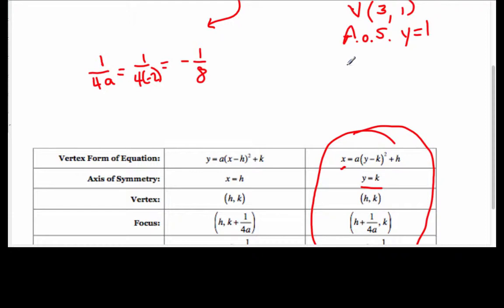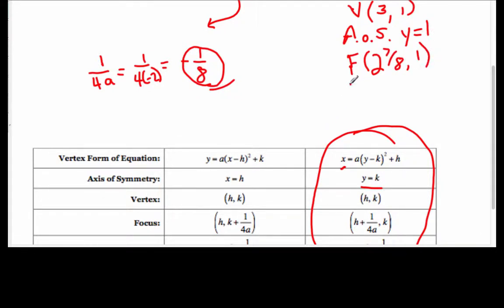All right, so now come over to here, h plus 1 over 4a, and then k. So now this is for my focus. So my focus is going to be whatever the h was. I add whatever that thing is, and over here you can see it's a -1/8. Okay, so the focus is actually then 3 minus 1/8, which is 2 and 7/8, 1.